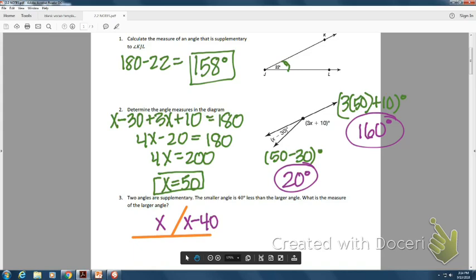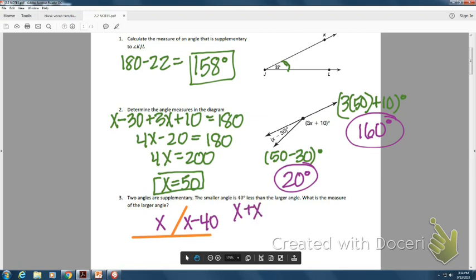Now that I have those two, how do I solve for x? If they're supplementary, how would I solve for x? Add them together and what? Set them equal to 180.